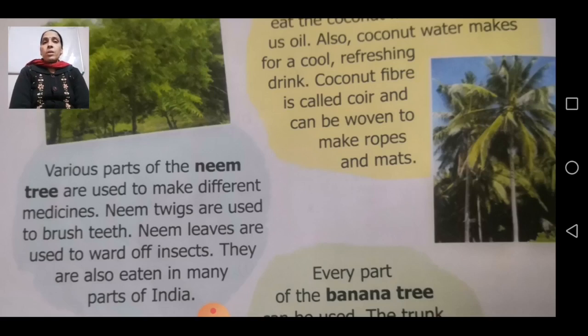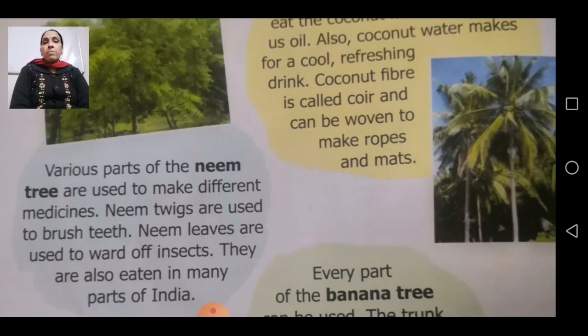Whatever kind of impurity is there in your blood can be cured by the syrup of neem. Neem oil is also used to remove different microorganisms, diseases, and insects.